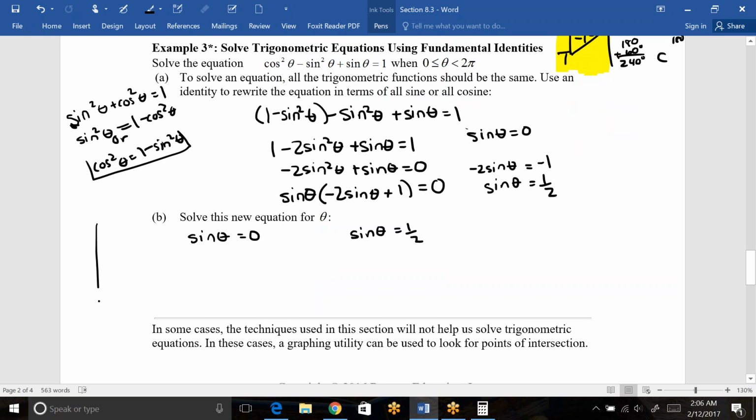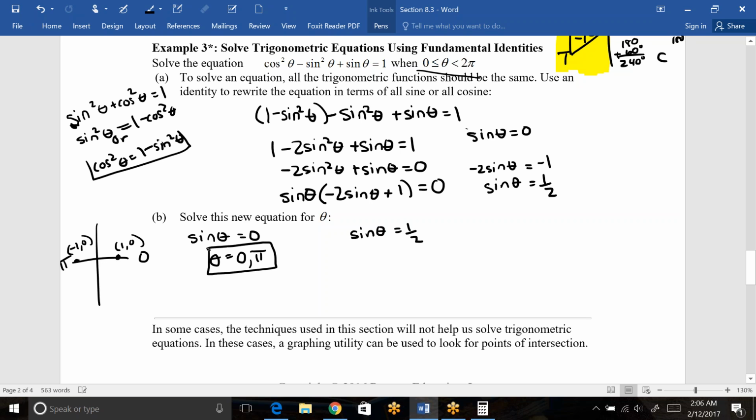So if we think about when sine is 0, remember sine is the y value, that happens in 2 locations on our unit circle. So this is going to happen at 0 and at pi if we're in radians. So theta would be 0 and pi if we're only between 0 and 2 pi, which we are.